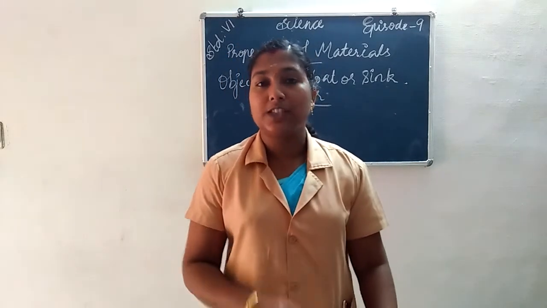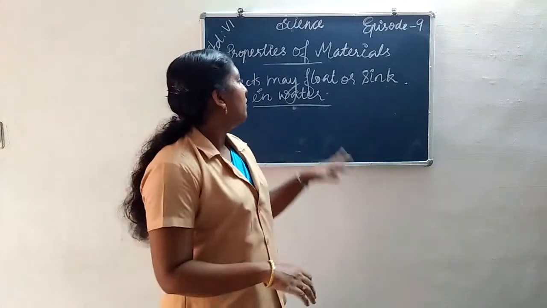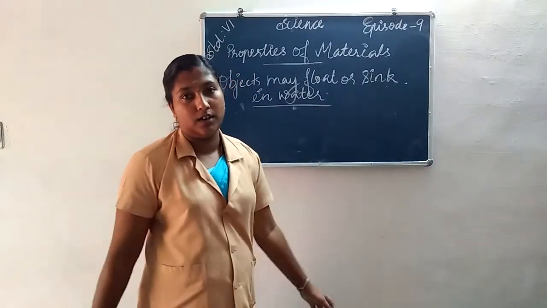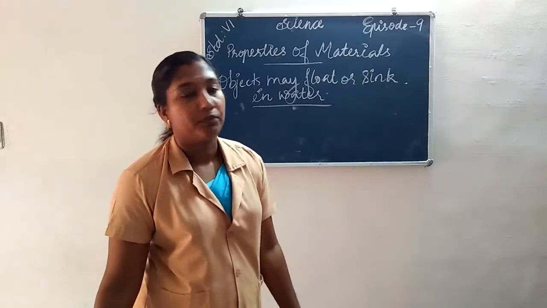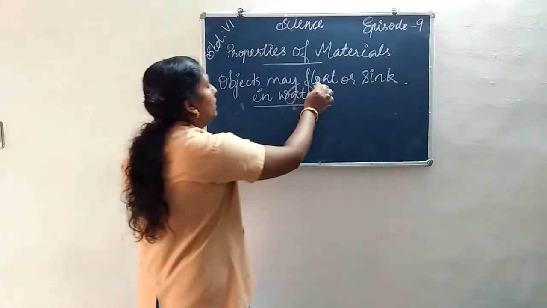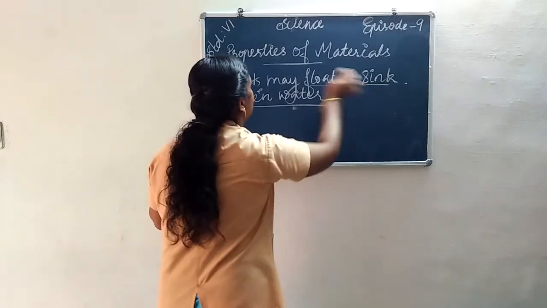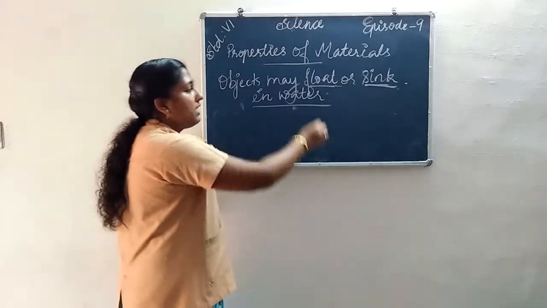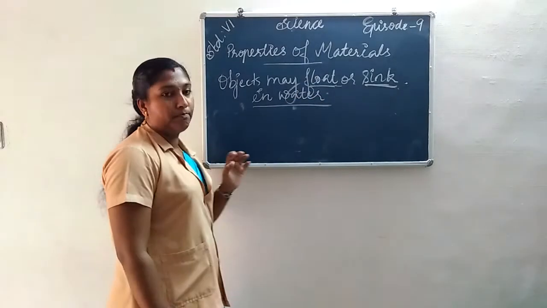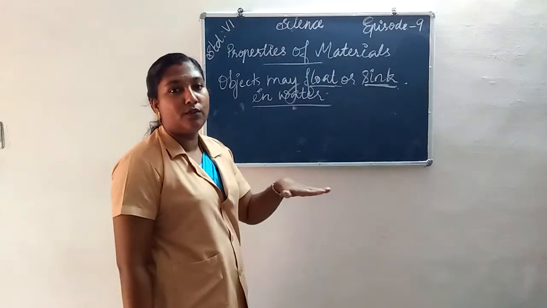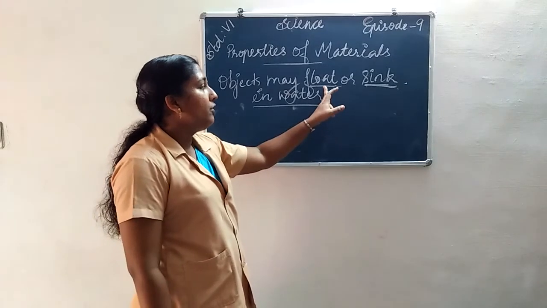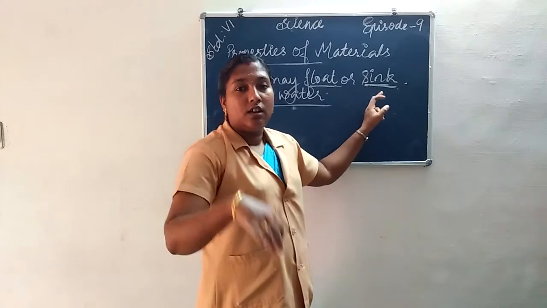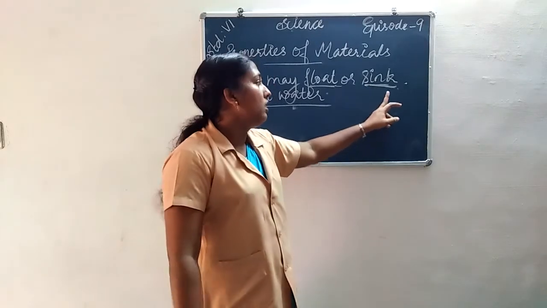The sponge piece floats. So, some objects may float or some sink. The objects which stay on the surface of the water are called floating substances. The objects which go downwards into the water are sinking.